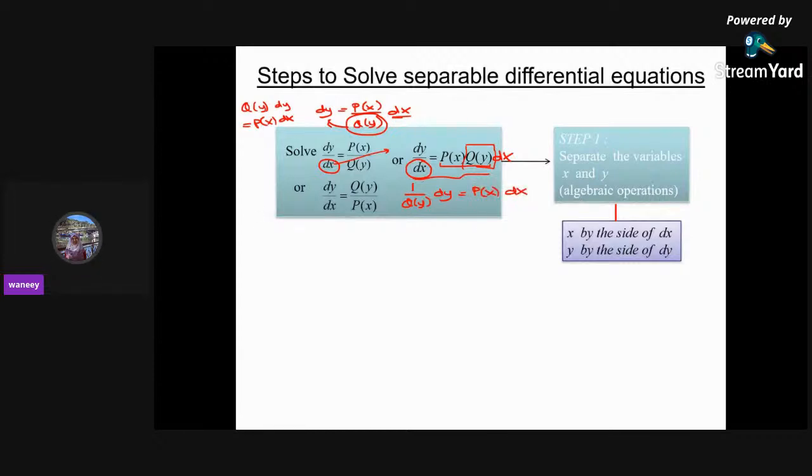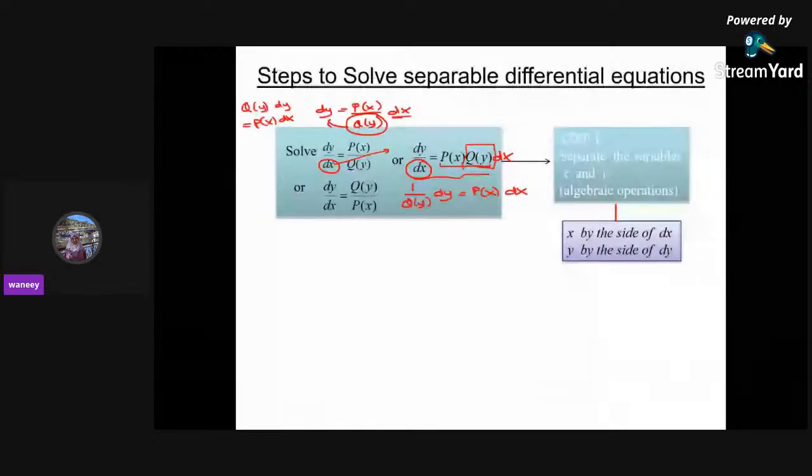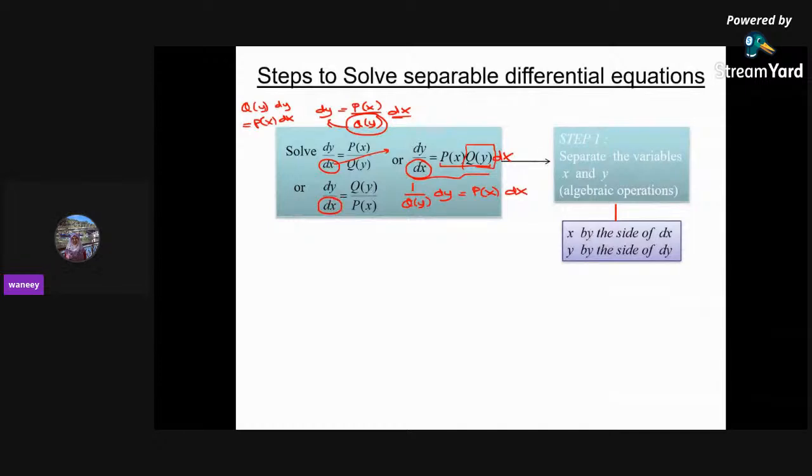Okay, so the third one, dy over dx is qy over px. Do remember, if you have dy over dx, those denominators need to go to the right hand side. So we are going to get something like dy equal to qy over px dx. But since this is dx, I cannot have qy on the right hand side. So all the y need to go to the left.